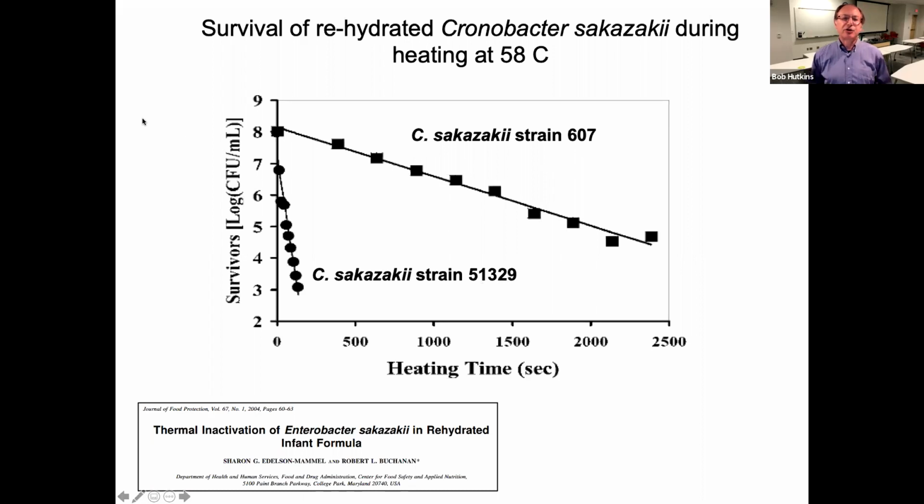Which is the better strain to base their thermal process on? 51329 or 607? Which is the better strain for them to develop their thermal process?